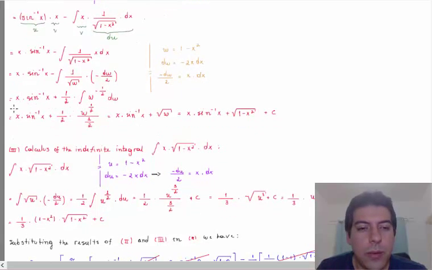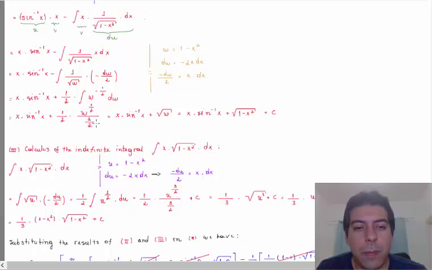So this term will be equal to x times sine minus 1 of x plus 1 over 2 times the integral of w to minus 1 over 2. If I add 1 here, I will have w to 1 over 2 over 1 over 2. I will repeat this term right here.